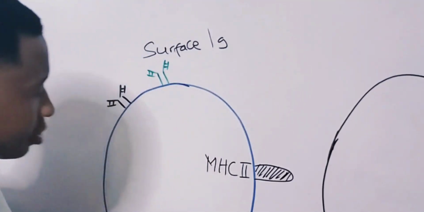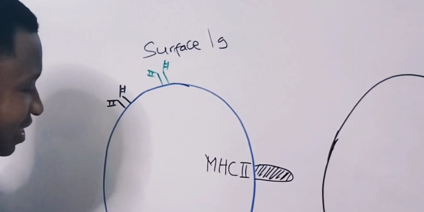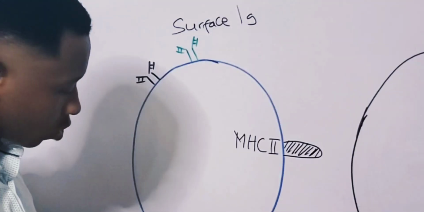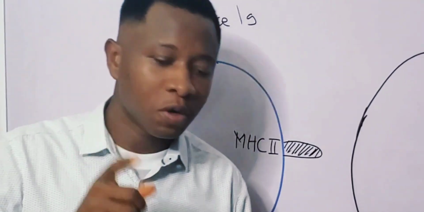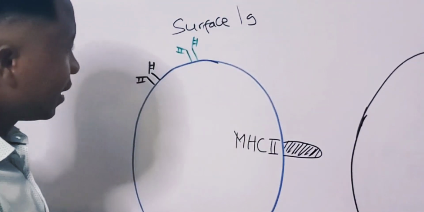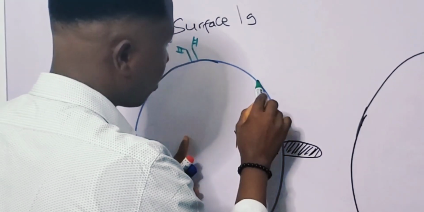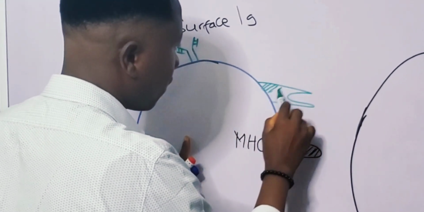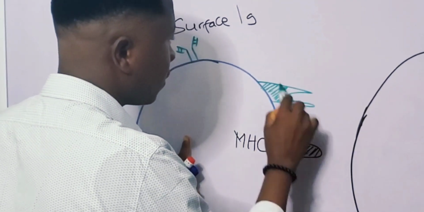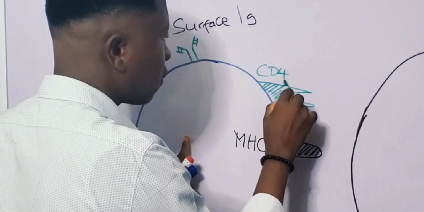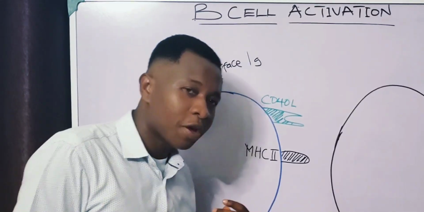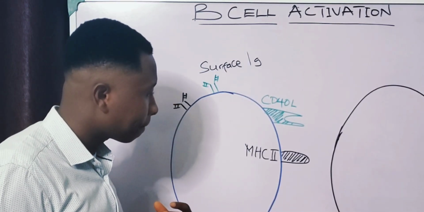The next molecule you can find on the surface of the B cell that is associated with its activation is what we call the CD40 ligand. So let's draw that up here. So let's assume this is the CD40 ligand.